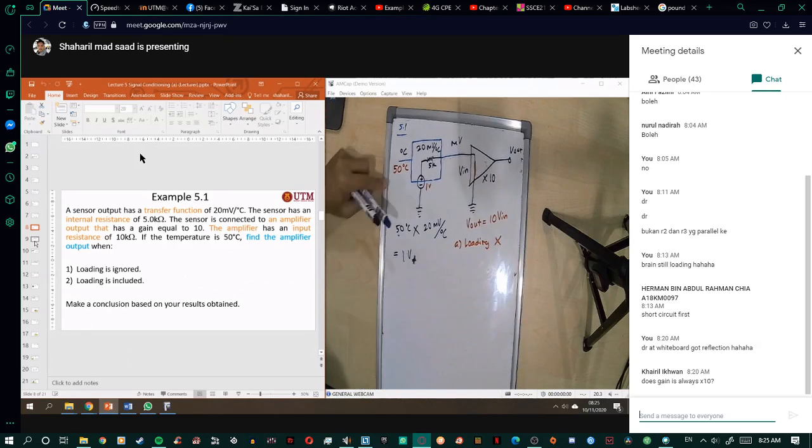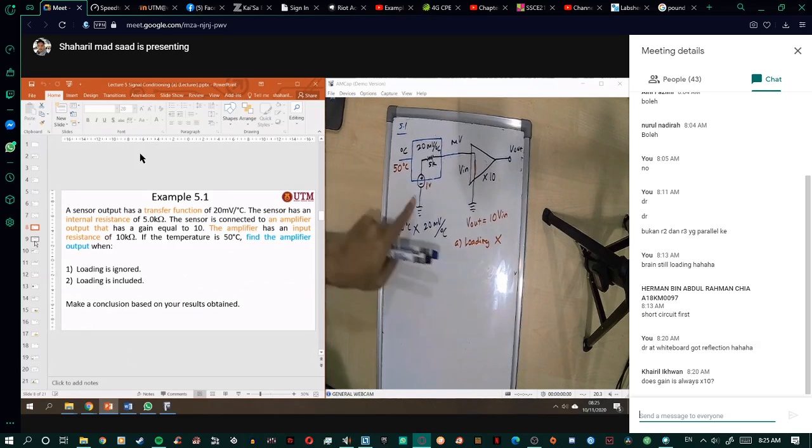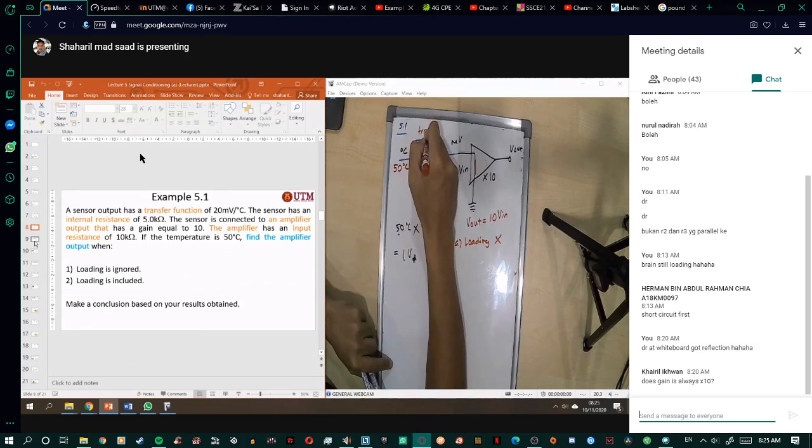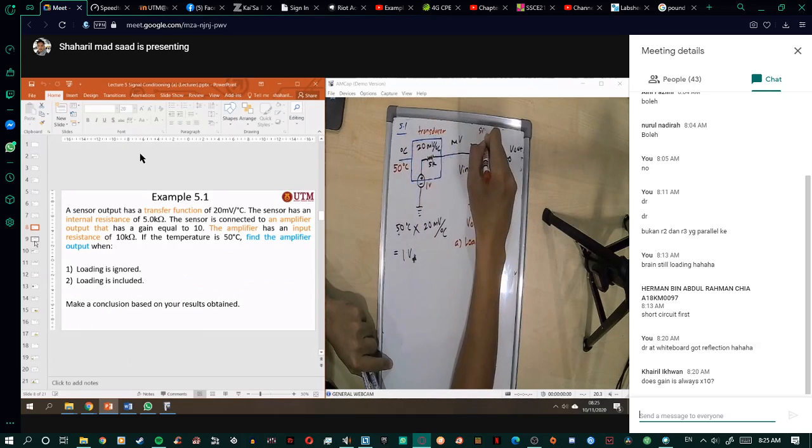50 degrees will produce 1 volt from the transducer. So this one is the transducer, and this one is the signal conditioning.